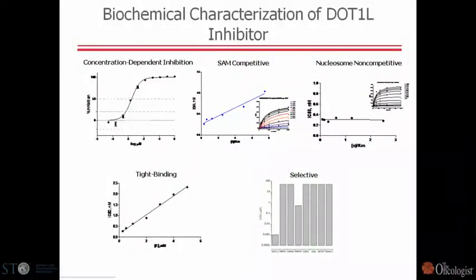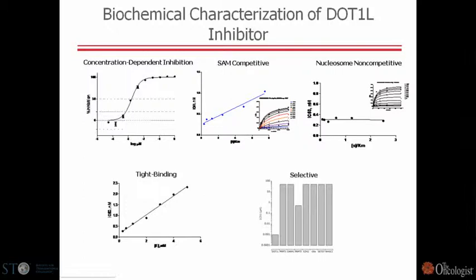And this summarizes in biochemical terms where we are. We have compounds that show beautiful dose-dependent inhibition of the enzyme. They are competitive with SAM, non-competitive with the nucleosome substrate. They are tight binding, and yes, Bruce, they are slow dissociating inhibitors with potencies below 100 picomolar, with really exquisite selectivity.